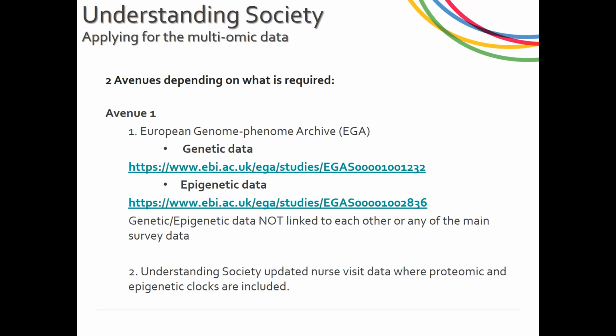We are going to redeposit those data later, and in that case you should be able to link the two datasets. Of course, the epigenetic sample is a subset of the samples of the genetic data. Also, you cannot use the ID to link to any of the main survey data.